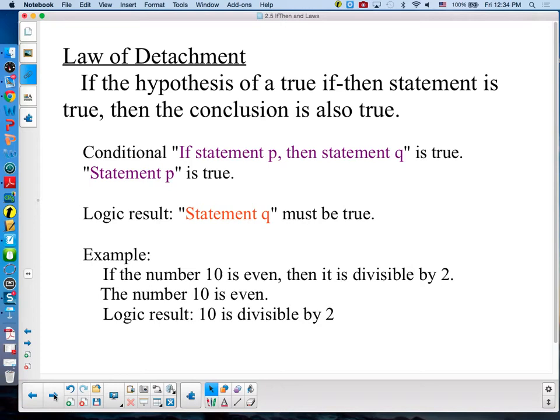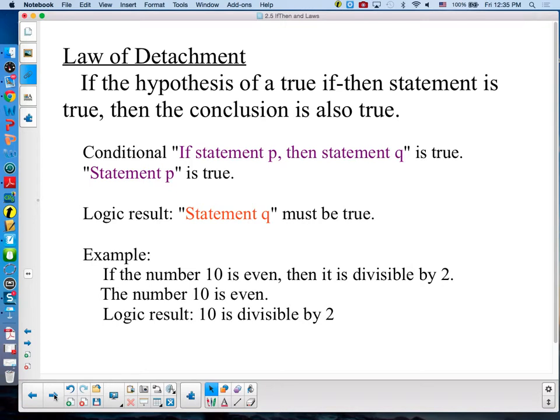So that would be like saying, if the number 10 is even, then it is divisible by 2. The number 10 is even. So it's correct to say 10 is divisible by 2. It might seem like, yeah, it makes sense. That's the logic. That's a correct logical sequence.